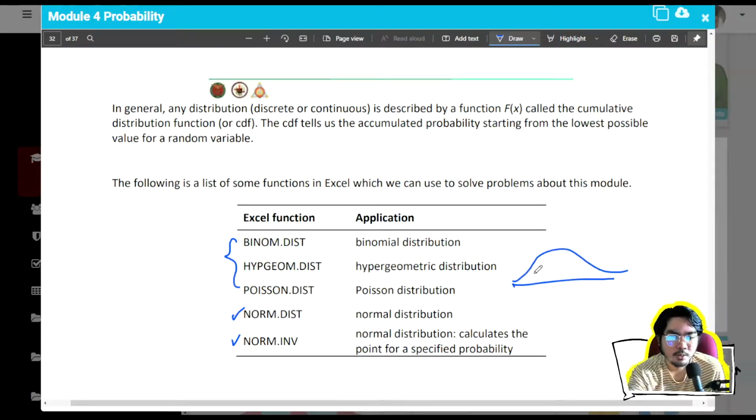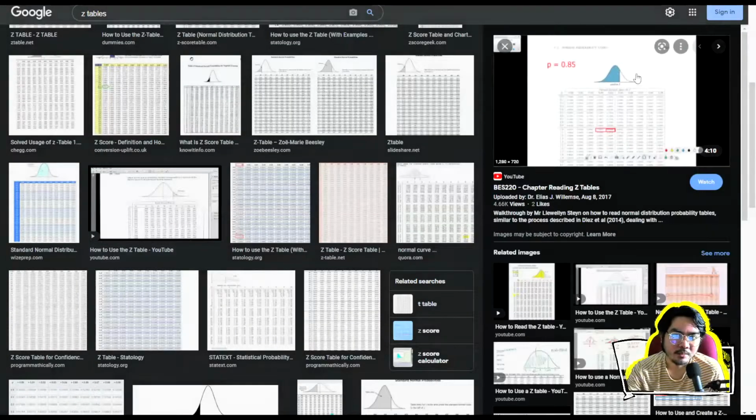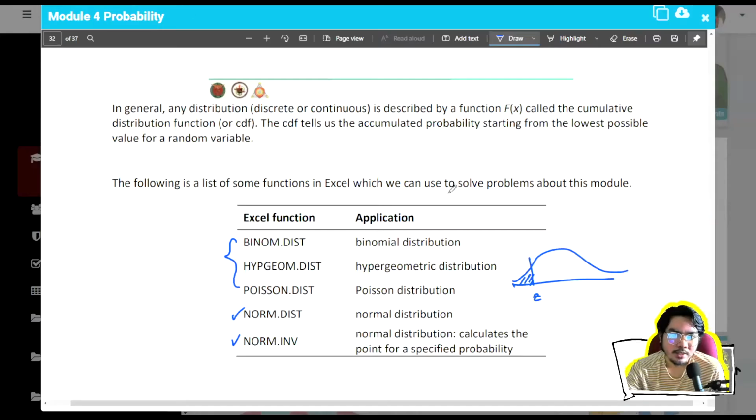If you use norm.dist, you are saying, I have this particular z value, what is the area under the curve? And Excel measures it from negative infinity to z, from the left going to the particular z value. So that is for norm.dist.